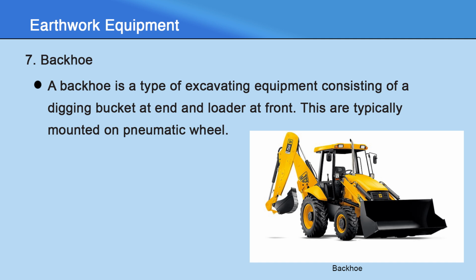The boom is attached to the vehicle through a pivot known as king post, which allows the arm to slew left and right, usually through a total of around 200 degrees. A power shovel is converted to hoe by installing a dipper stick and a dipper at the end of the shovel boom.